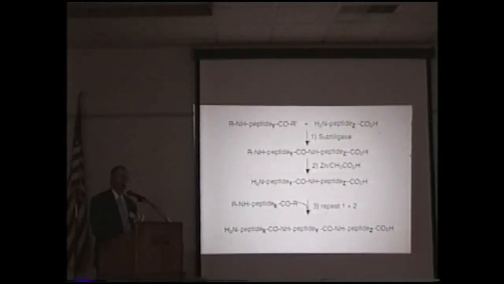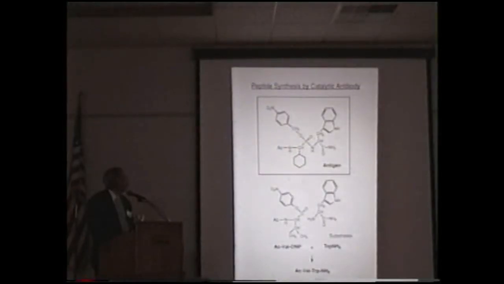People are also trying to do this with a catalytic antibody. The next slide will show that. This is work by Hirschmann and Benkovic and their groups. So what they've done is design an antigen shown at the top, which has certain features that will produce an antibody which should recognize the two substrates shown below.